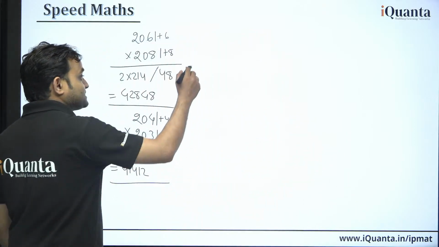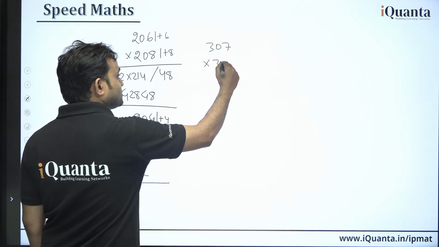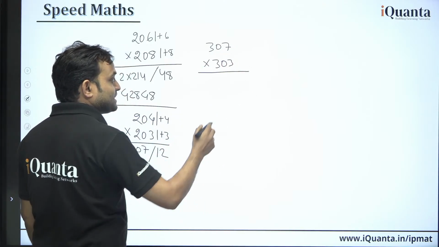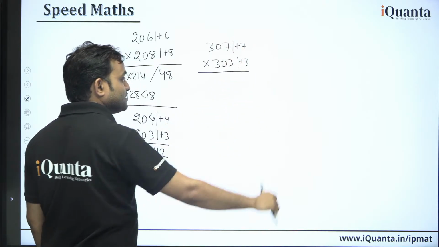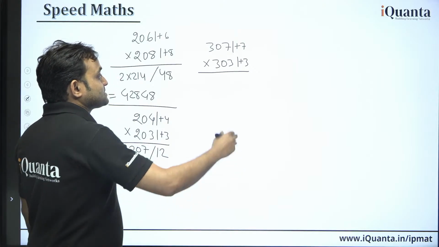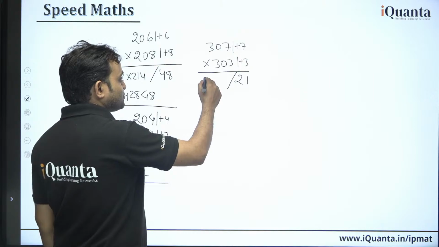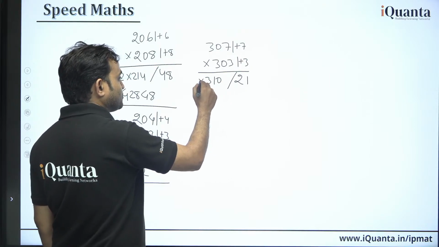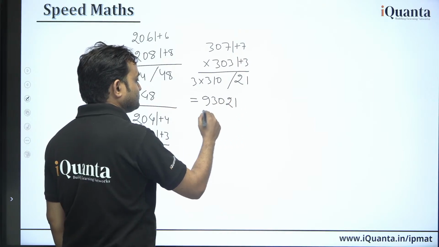Okay. How do we use this? See, it's very easy. If you have 307 into 303, how do we multiply this? The surplus is 7 here, the surplus is 3 here, base is 300. 7 into 3 is 21. 7 plus 3 is 10. So, 310 into 3. This will become 93021.